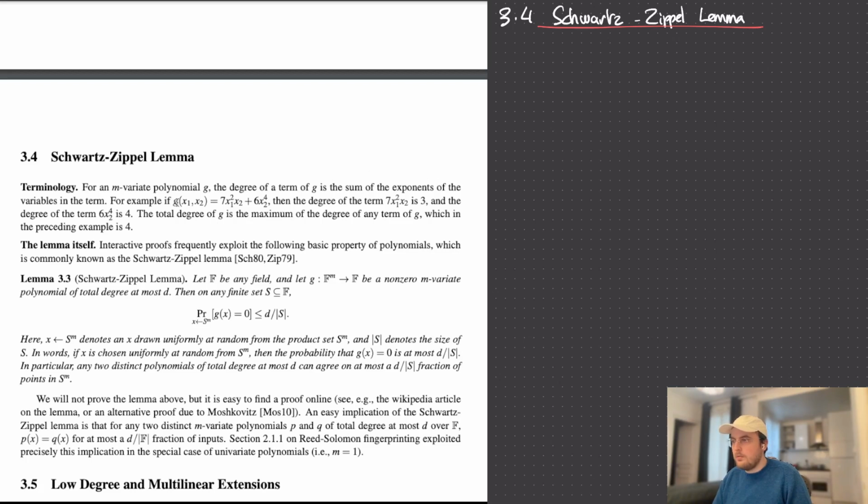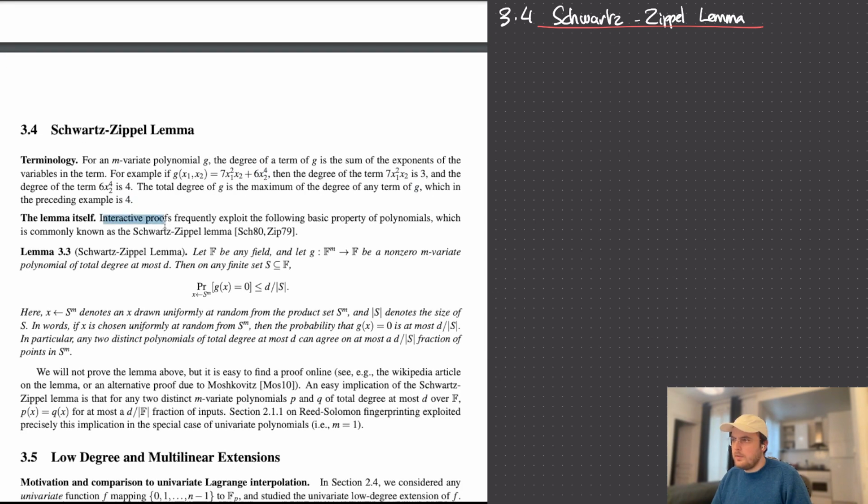For example, if g(x1, x2) equals 7 x1 squared x2 plus 6 x2 to the power of 4, the degree of this term is 3 and this one is 4. The total degree of g is the maximum degree. Okay, it's 4.